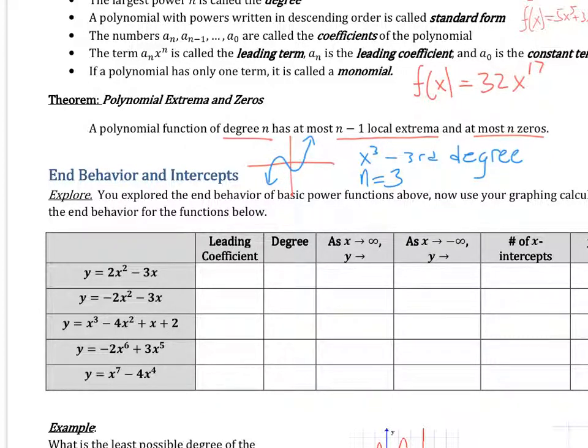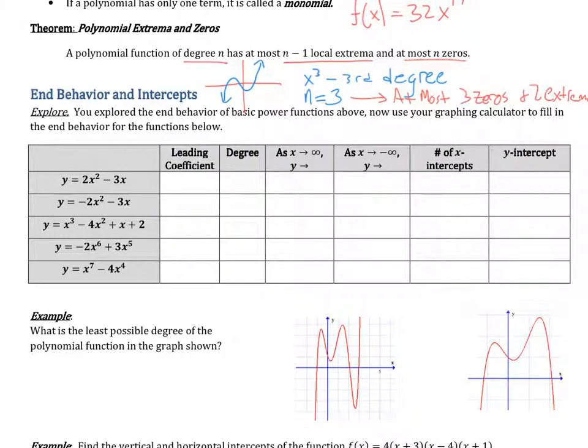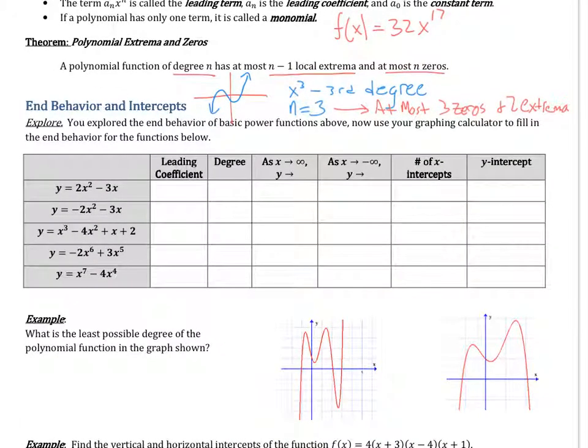Now, you could get another polynomial like an x to the 5th or an x to the 7th that looks like this, but if we know that this is x to the 3rd, we know that we cannot have more than 3 zeros and 2 local extrema. So that's going to be an important theorem as we work with polynomials.